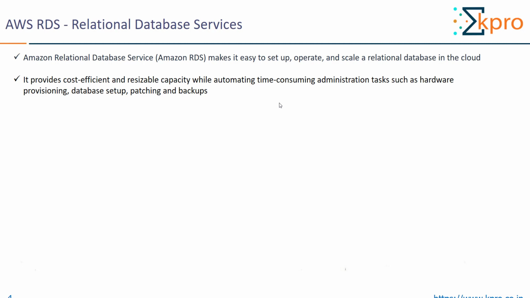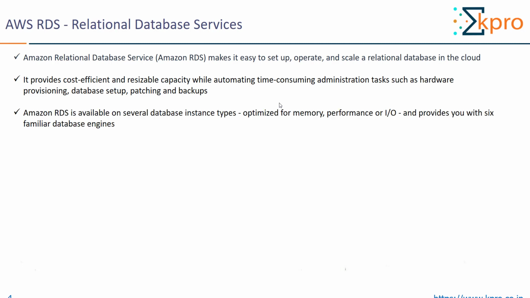You don't have to bother about it, and you don't need high-level DBA knowledge, because all this will be taken care of by the AWS service. RDS is available on several database instance types, optimized for memory, performance, and I/O, and provides you with six familiar database engines.